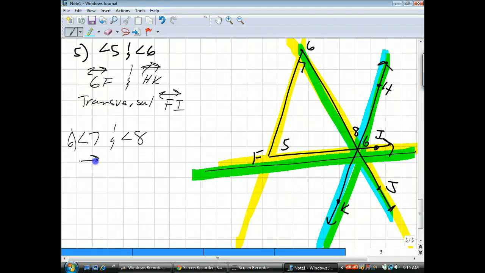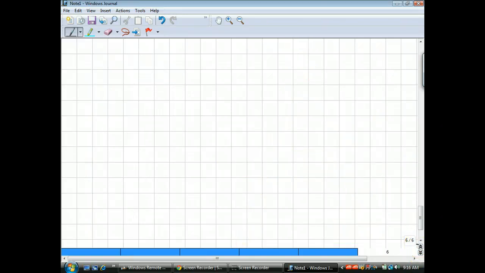Okay, so the two lines are line FG and line HK, and the transversal is going to be JG, line JG. Okay. So again, we noticed that we did a lot of examples identifying where the transversal is, because that's super important.